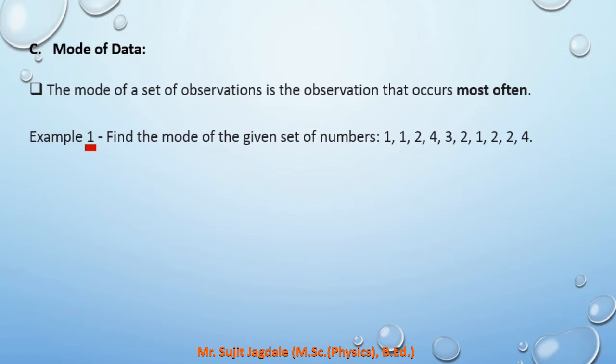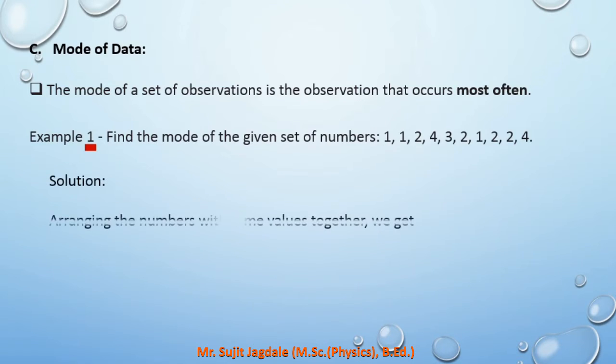Okay, now in the solution, the first step is that we have to arrange all these numbers, not in ascending order or descending order. How to arrange these? According to their values. That means same values together, like 1 1 1, they should be together, and 2, which is repeated, is also put together.